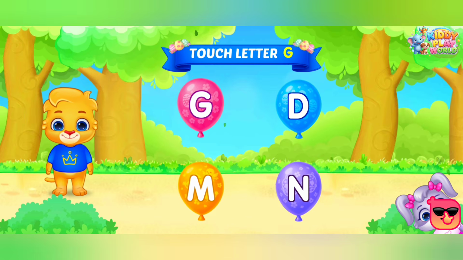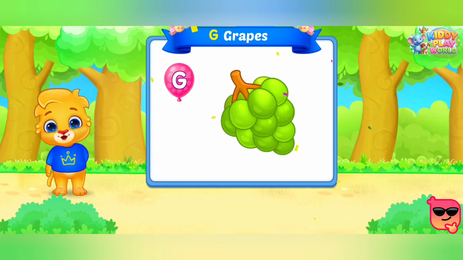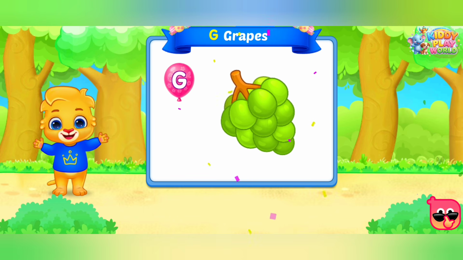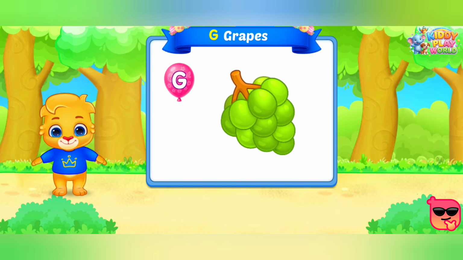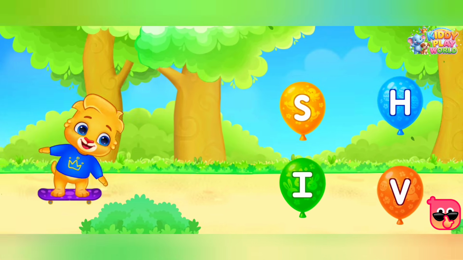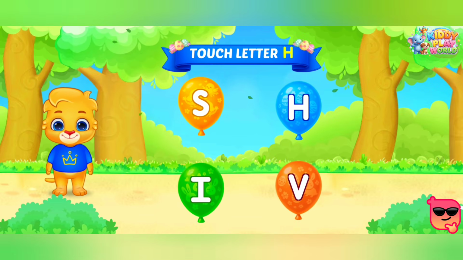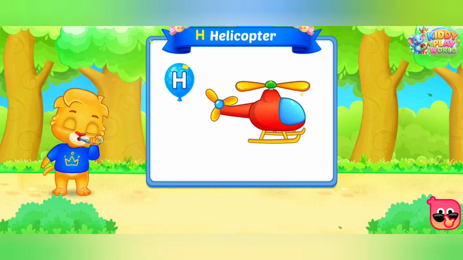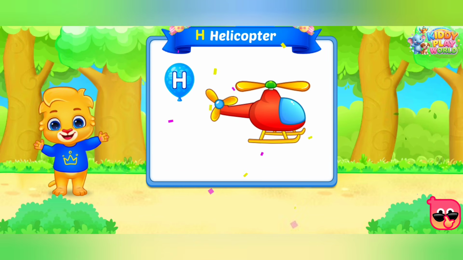G. G is for grapes. Touch letter. H. H is for helicopter.